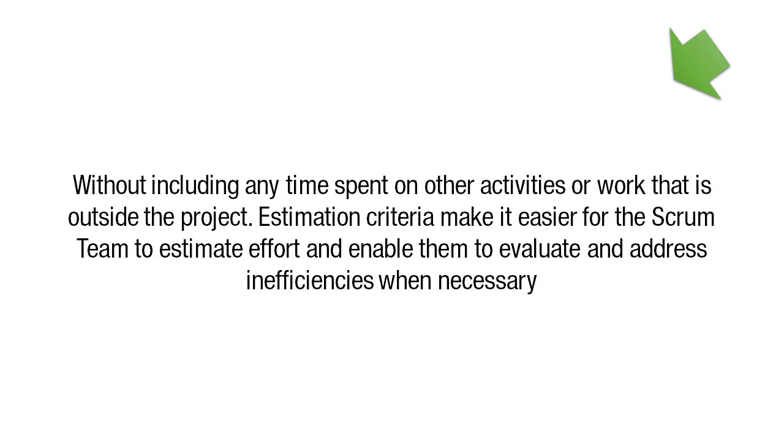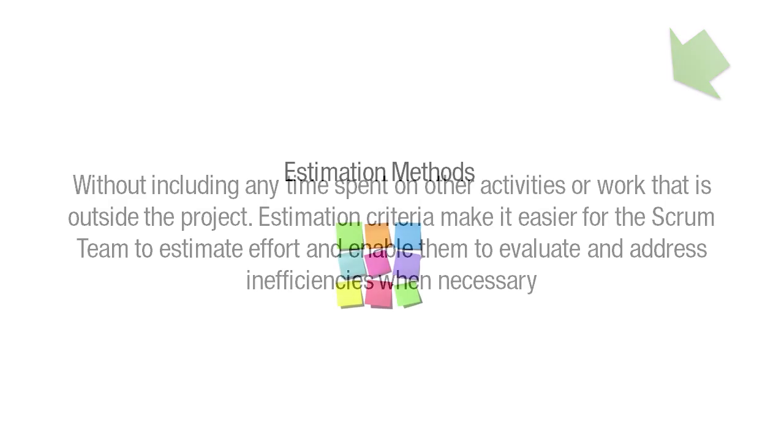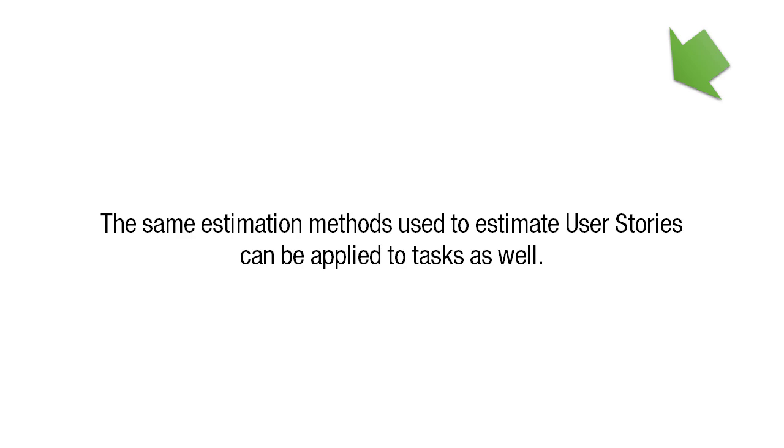Estimation criteria make it easier for the Scrum team to estimate effort and enable them to evaluate and address inefficiencies when necessary. Lastly, estimation methods. The same estimation methods used to estimate user stories can be applied to tasks as well.